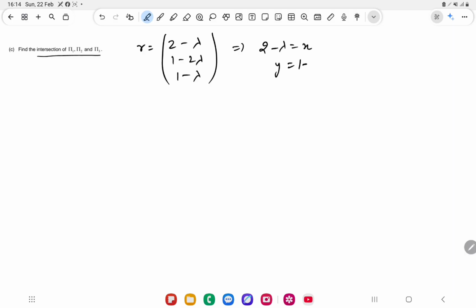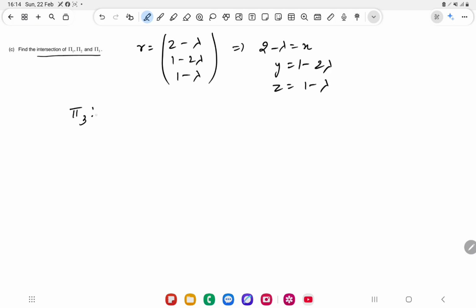Now in the C part, it says find the intersection of all these three planes. So from the A part, I can write r as (2, 1, 1) plus lambda times (-1, -2, -1). So I can write x as 2 minus lambda, y as 1 minus 2 lambda and z as 1 minus lambda.